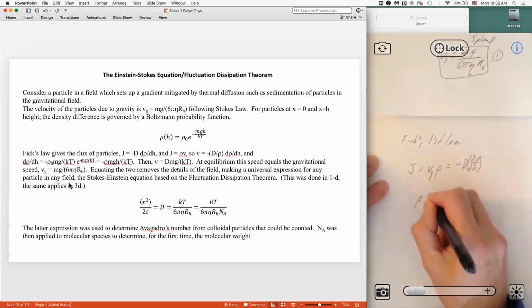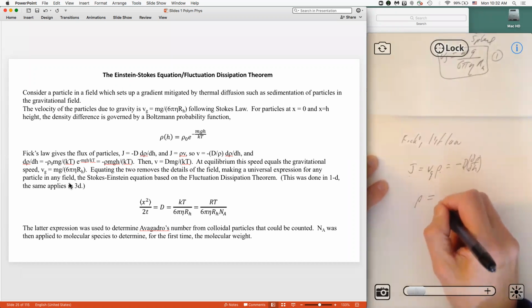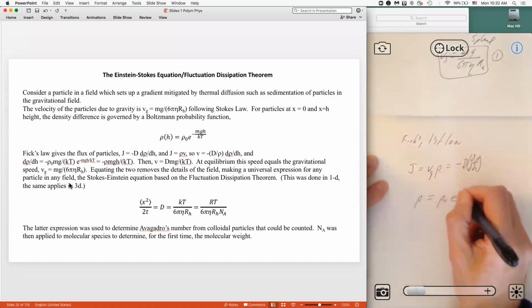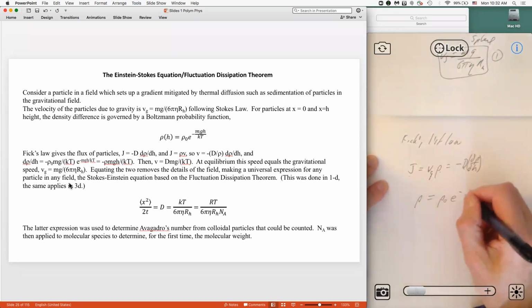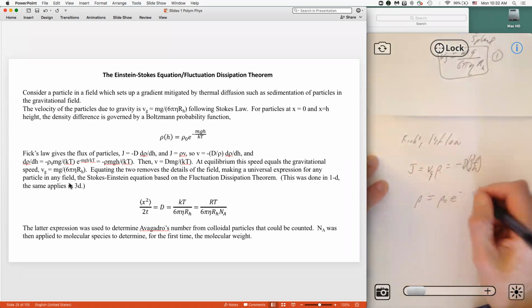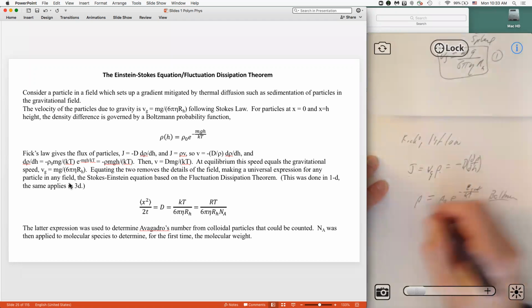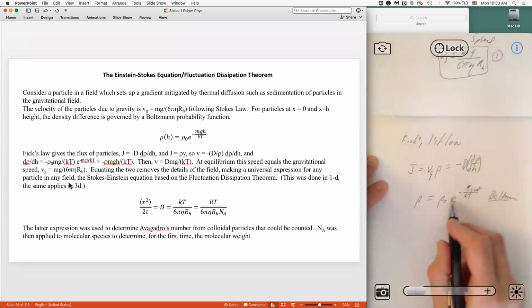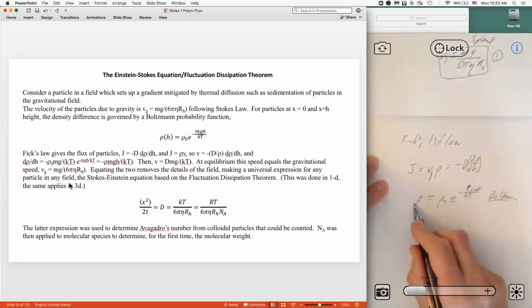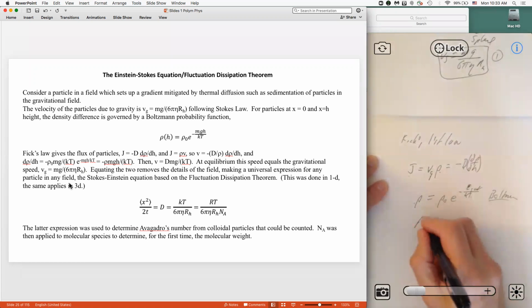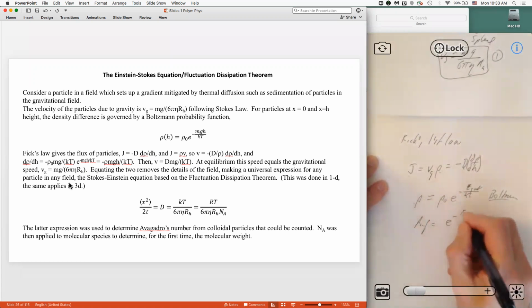And then the density itself is going to be this density profile. It's going to be rho 0 times e to the minus... it's a Boltzmann, not Gaussian, density profile. So you have the energy due to the gravity divided by kT. Energy divided by kT gives you the probability of finding something, so the probability equals e to the minus energy over kT.